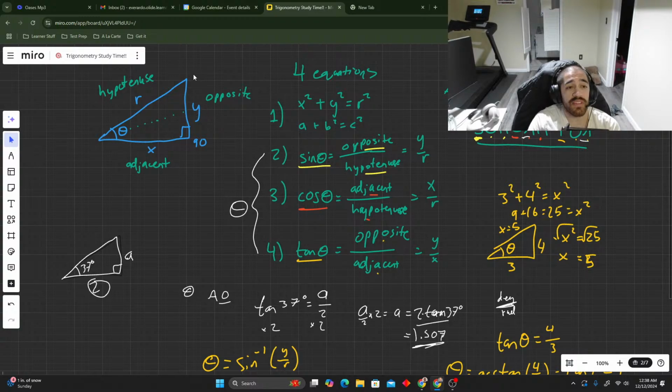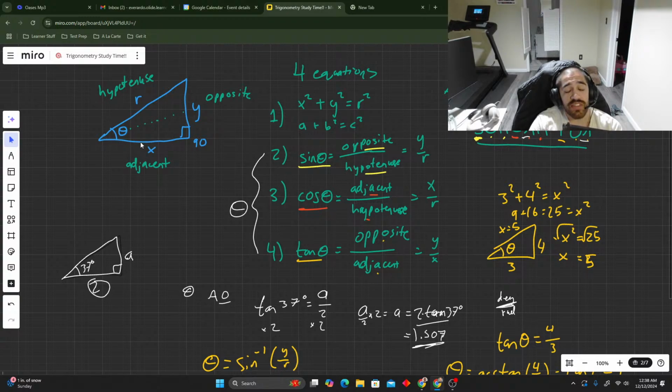Opposite means the leg that's opposite of this angle. Hypotenuse means the long side. It's usually the longest side length that's opposite of the right angle. Okay, the right angle is a square box. If you ever see this square, that means 90 degrees and you have a right angle. Okay, so SOH is the opposite to the angle over the hypotenuse, so this long one.